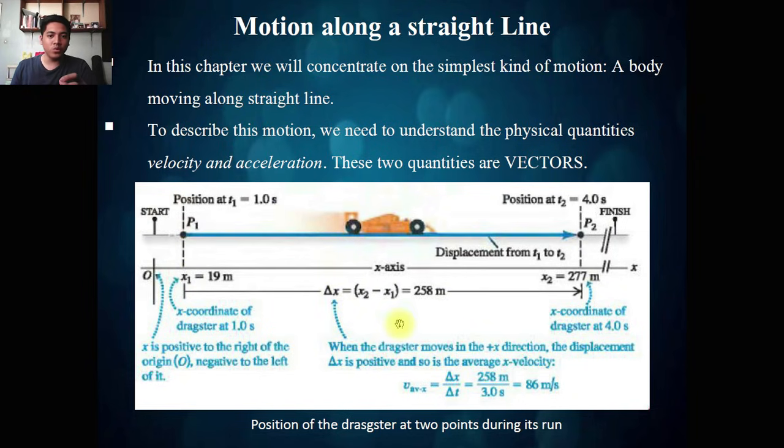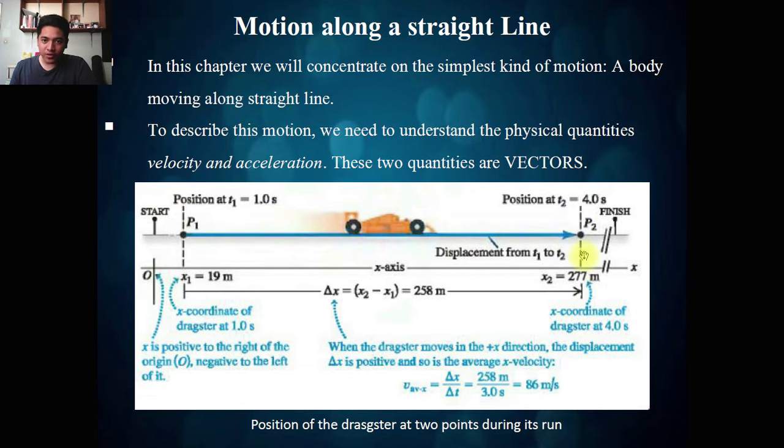Okay, so if you're going to calculate the displacement of the dragster from the starting position, for example, to position 2, which is 277 meters away from the starting point, 277 minus 0 is equal to 277. That is the displacement of the dragster at position 2.